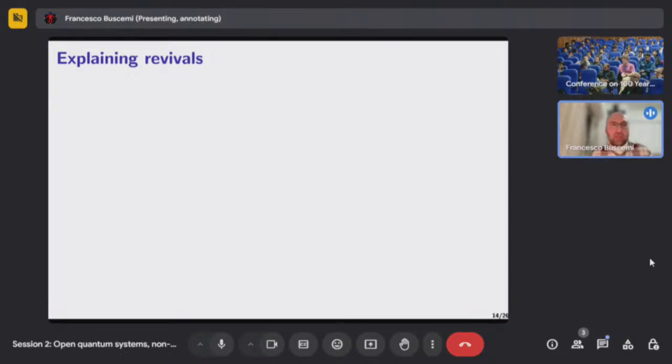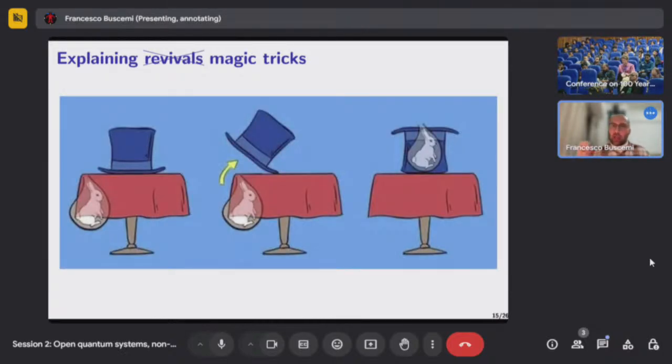Well, you can just think of it like when you explain a magic trick, in the sense that when you see a magician pulling out a rabbit from a hat, you can always assume that the rabbit was there all the time. It was just you not seeing the rabbit, so the rabbit was concealed, but it was there all the time.